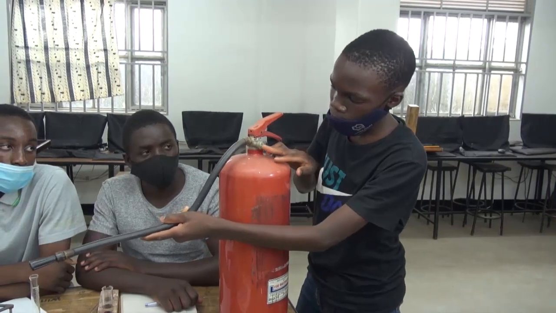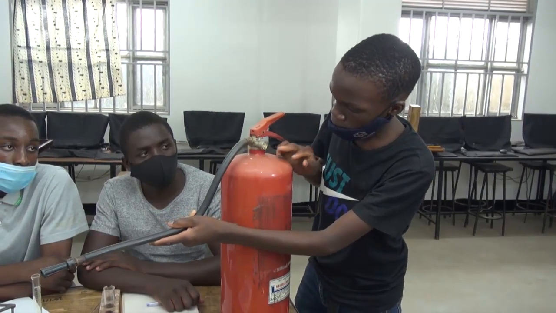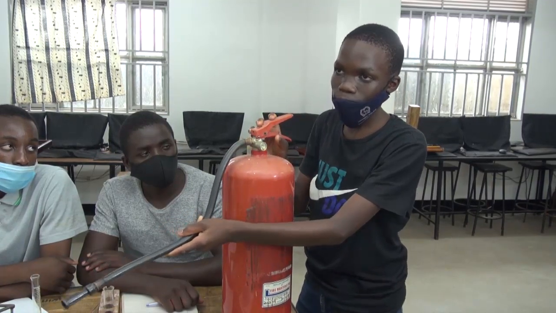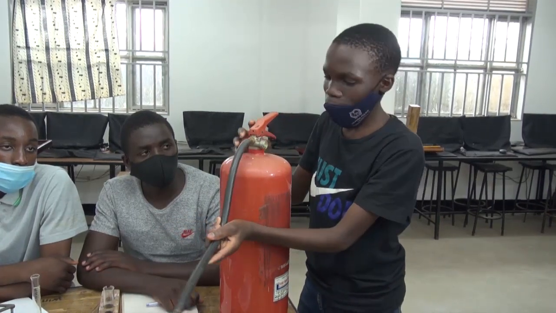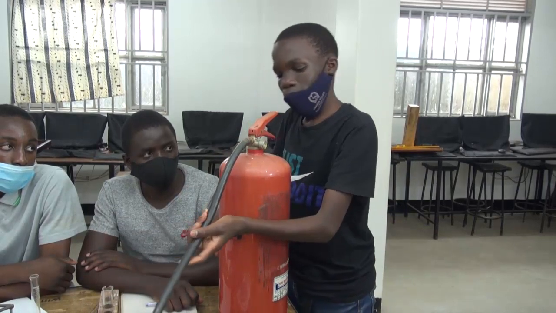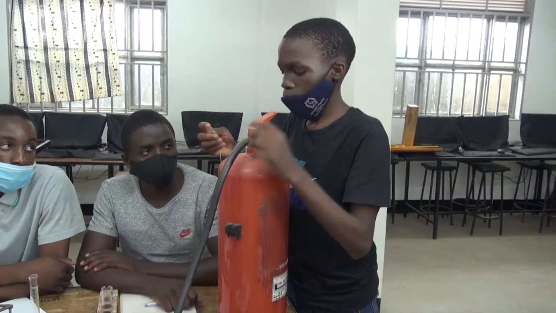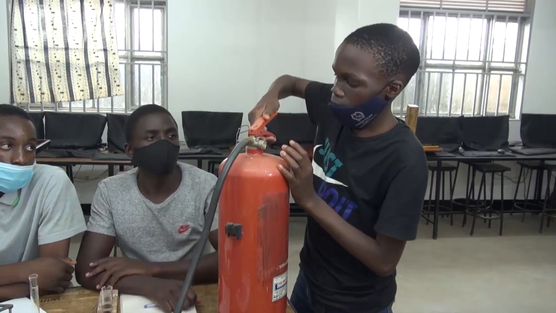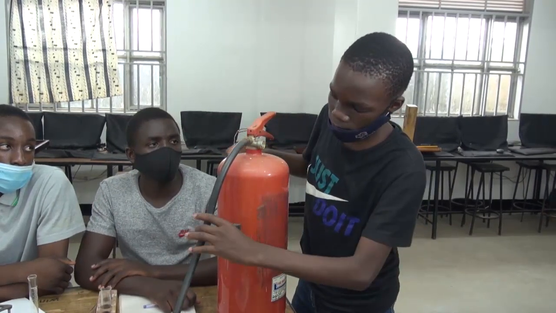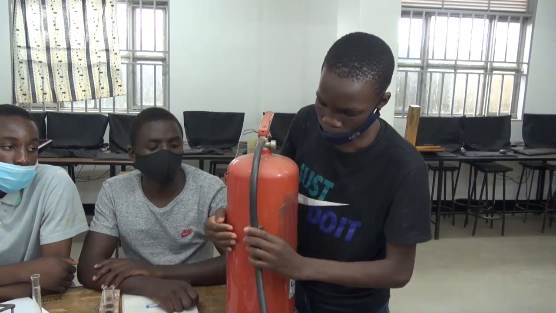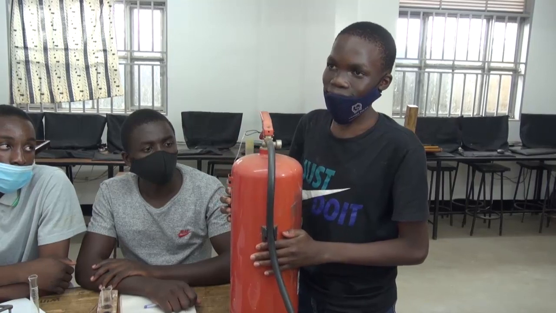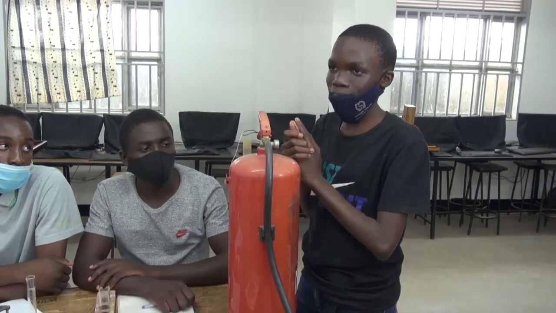Here there is a small scale to read the amount of gas remaining in the cylinder. After putting out the fire, you bring this one back here so that when you press it does not go down by mistake. Then you hang it where it can easily be reached in case of fire.